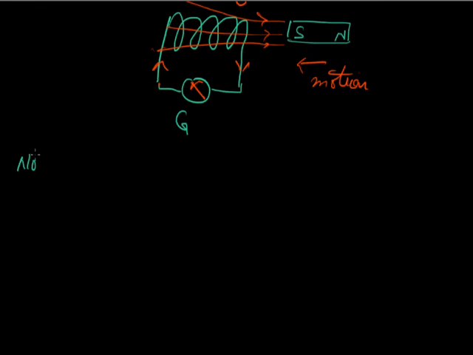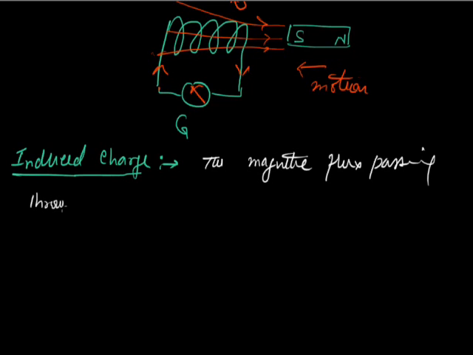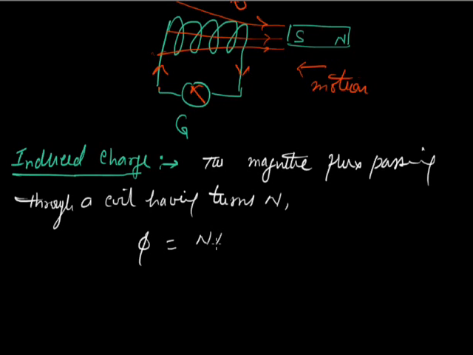Now, induced charge. The magnetic flux passing through a coil having N turns is phi equals N B A cos omega t.